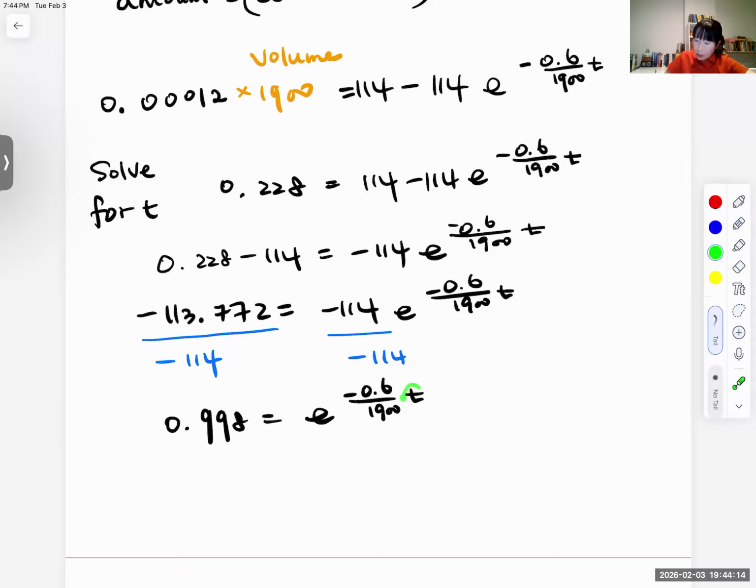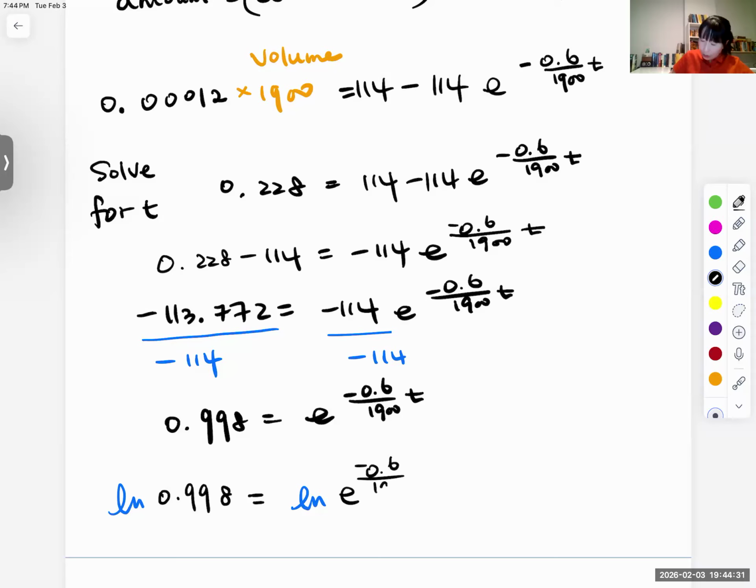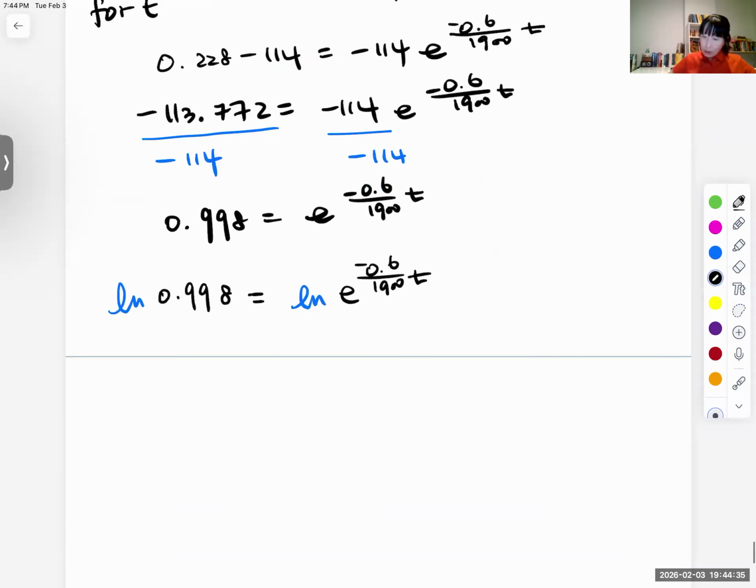Okay, t is here. So we take the natural log of both sides, right? So ln of 0.998 equal to negative 0.6 over 1900t, right? Okay. All right.